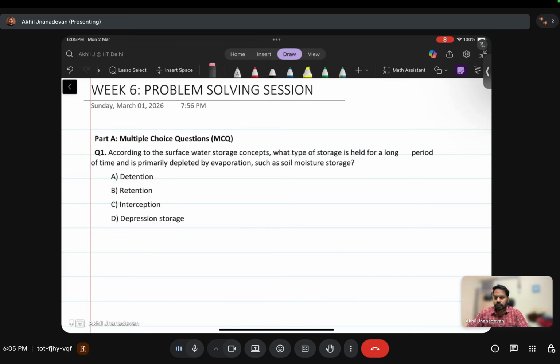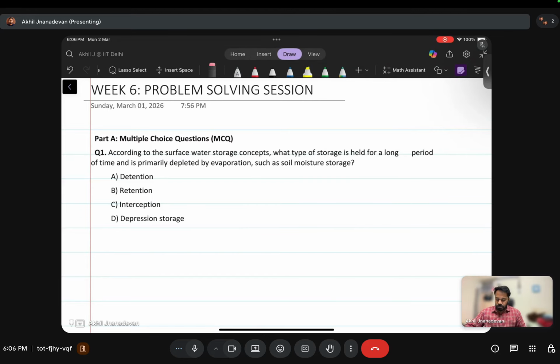And the numerical answer type will be like practice for you to see how we can solve questions related to these concepts. And also, due to the limitation of time, some of the numericals may not be solved in the NPTEL lectures, so we'll be solving those today.